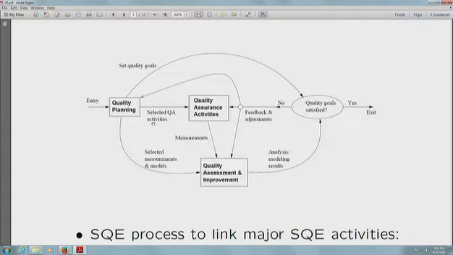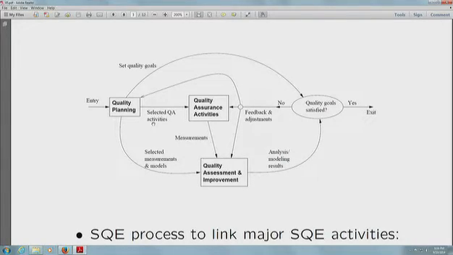Another part: now you set the goal. If this is a very high bar, very high quality, then you need not just some inspection; you need different types of testing, and you need fault tolerance and all that kind of thing.